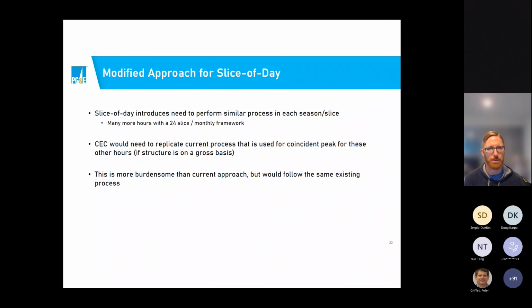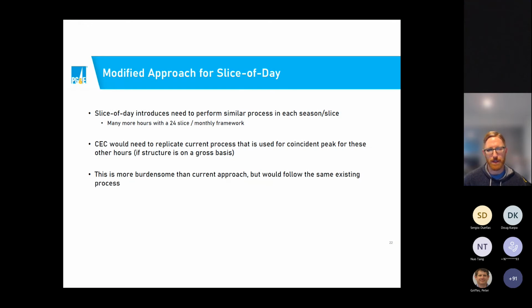So what are some of the changes that we need under a slice of day framework? The first one is that slice of day introduces a need to perform a similar process in each season and slice. You can imagine that could be quite a few additional hours, particularly under a 24 slice monthly framework. And so the CEC would need to replicate that current process for the coincident peak for these other hours.